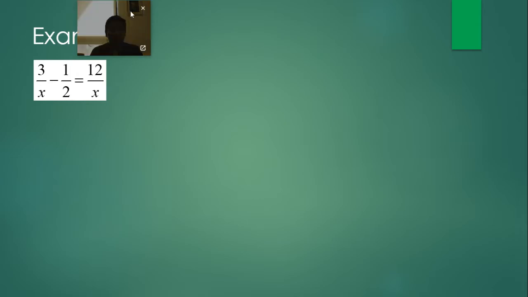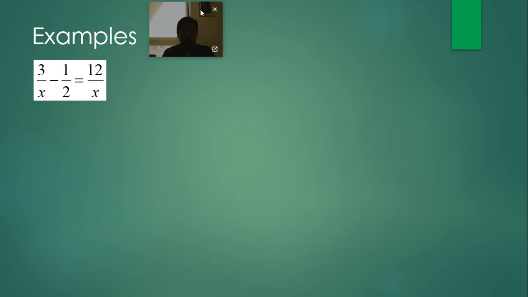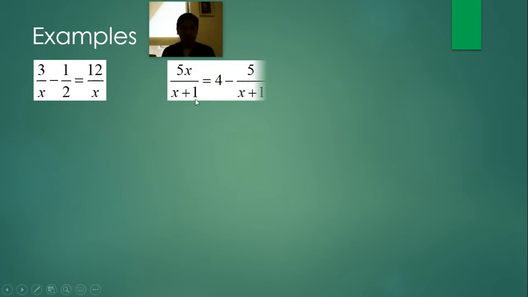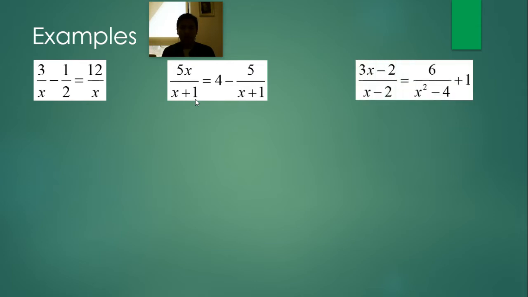So to start with, here are some examples. For 3 over x minus 1 half equals 12 over x, this one, then I have another equation here, and this. So how are we going to solve these? Again, the idea is to make use of the LCDs.